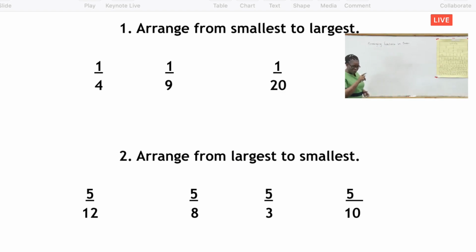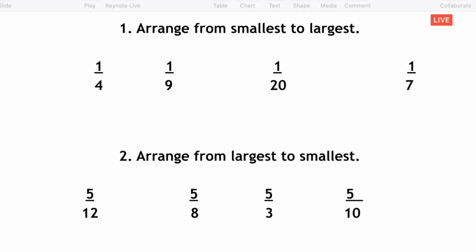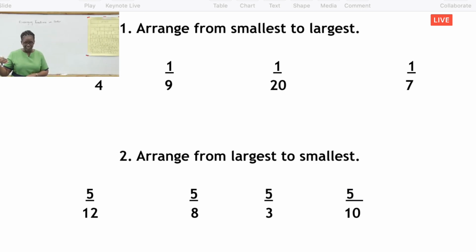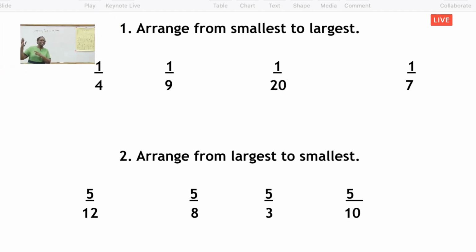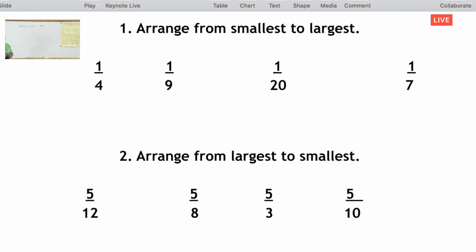Okay, welcome back. And I hope you would have finished the 2 examples that you were given to do. So, do you have your answers with you? Okay, so let's see number 1. Number 1, you want to arrange from the smallest to the largest, which we call the ascending order.